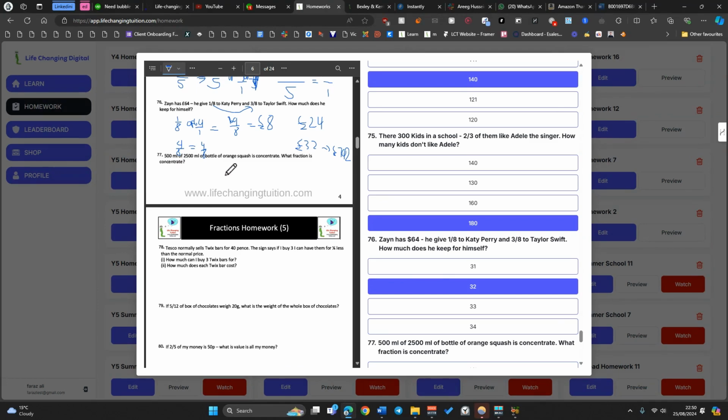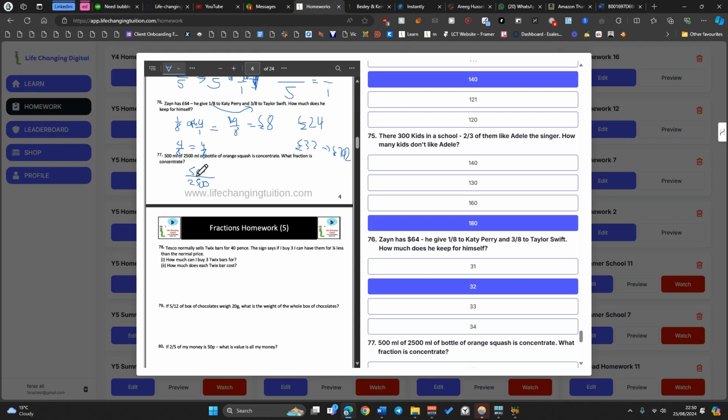500 milliliters of a 2,500 milliliter bottle of orange squash is concentrate. What fraction is concentrate? Okay, so 500 out of the 2,500 is concentrate. Now we just simplify this.